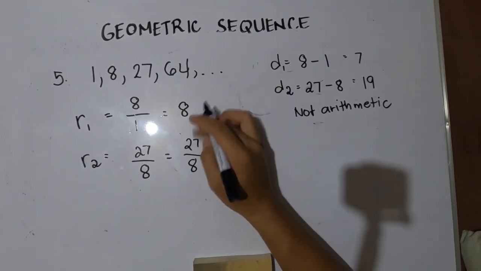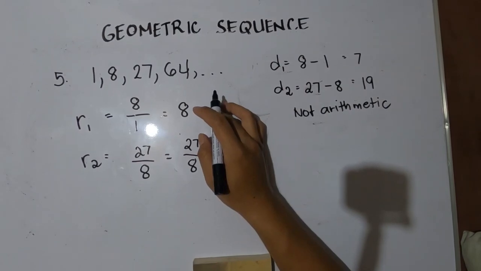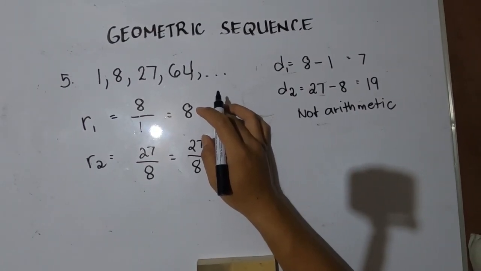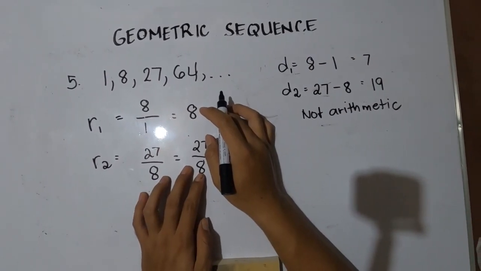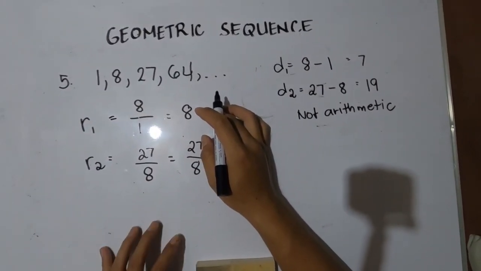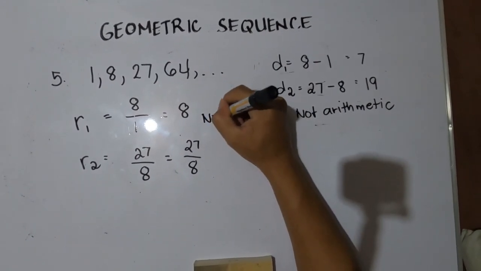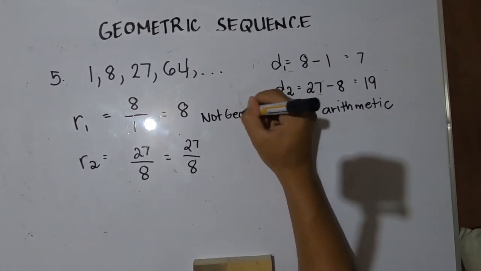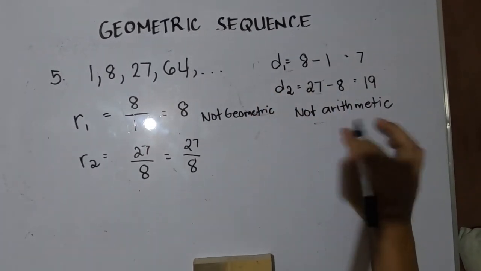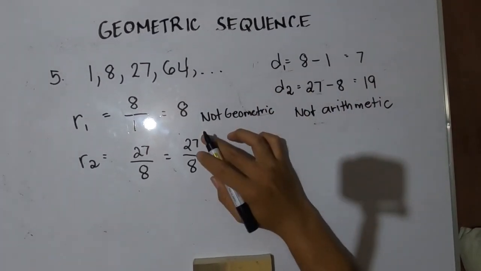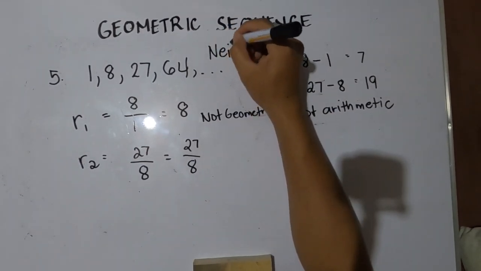So as you can see, the sequence does not have common ratio as well, because the first ratio is 8 and the second ratio is 27 over 8. Therefore, we don't have common ratio. This is not geometric. So since it is not arithmetic nor geometric, our answer is neither.